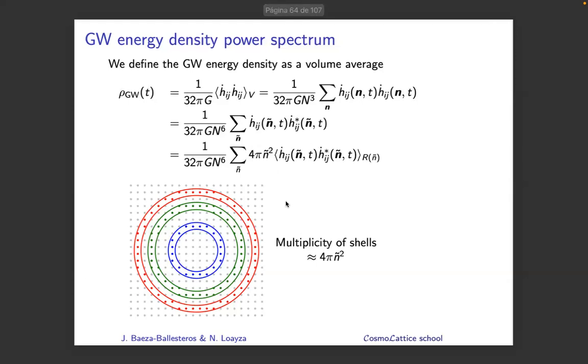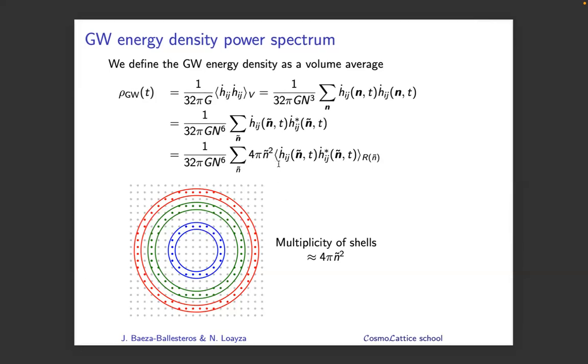So I can split my sum here. I can rewrite my sum over points lying between these shells by doing this. I am saying I can write down the same addition as the average of this product over the shell times a guess I can make of how many points there are within these two circles.